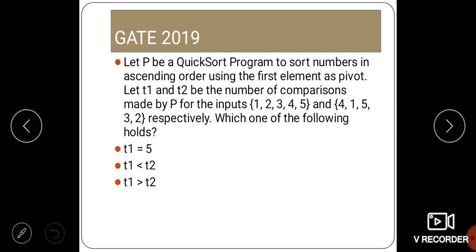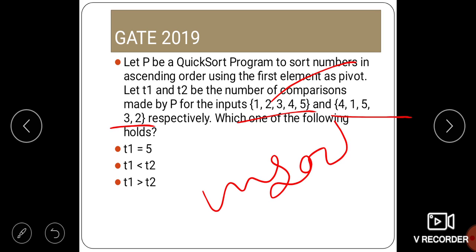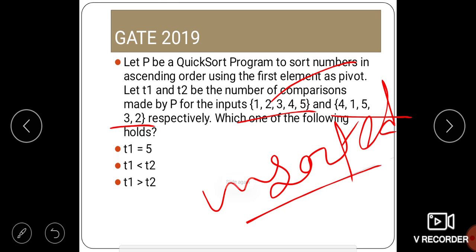Now next, two strings are given. The first is sorted, 1 2 3 4 5, but the second is unsorted. In quick sort, the unsorted elements take less time, but sorted elements take more time.